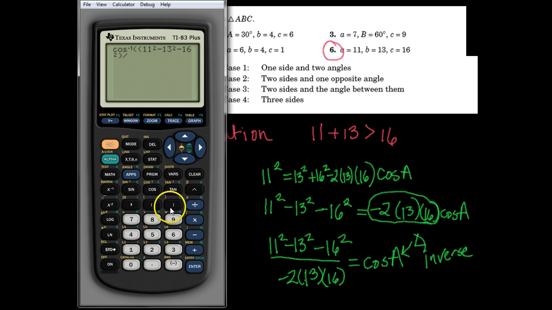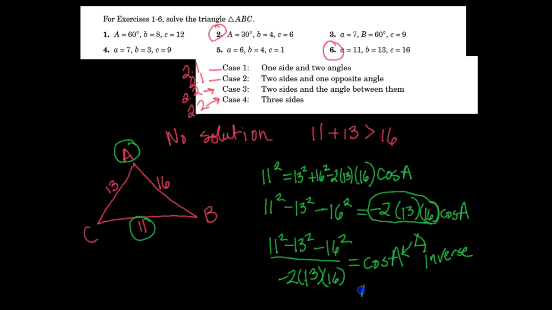I'm going to do the division sign, parentheses on the bottom, negative 2 times 13 times 16, close the parentheses for the bottom, close the parentheses for the entire function, and I get that A is equal to 43.05 degrees. Okay, so we still need to find one more angle because that's not going to give us enough to solve this triangle.